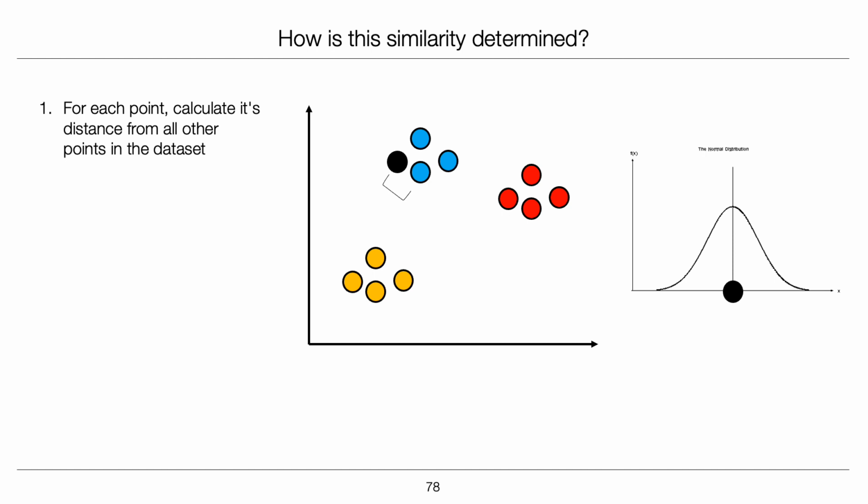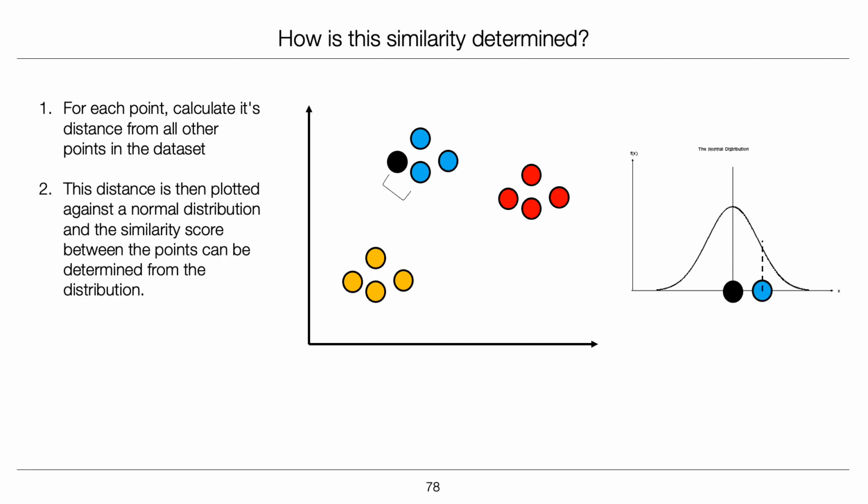The normal distribution is the bell curve that is commonly used to discuss things like heights, weights, or body mass index of individuals in a population. Using this normal distribution, we can obtain a normalized score for the similarity.